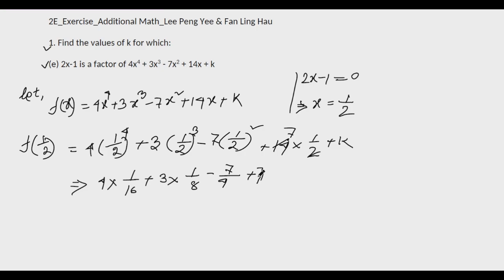So here we have plus 7 plus k. If we divide 16 by 4, it will be 4 here. So here we have 1 over 4 plus 3 over 8 minus 7 over 4 plus 7 plus k.